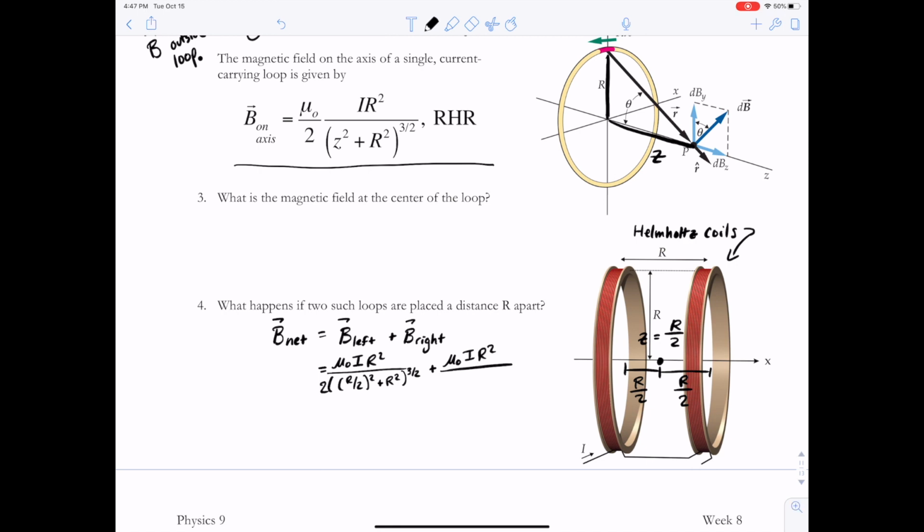If you were to do some algebra, you'd find that the magnitude of the net magnetic field inside the Helmholtz coils is equal to (4 divided by 5) raised to the 3/2 times mu naught I over R.